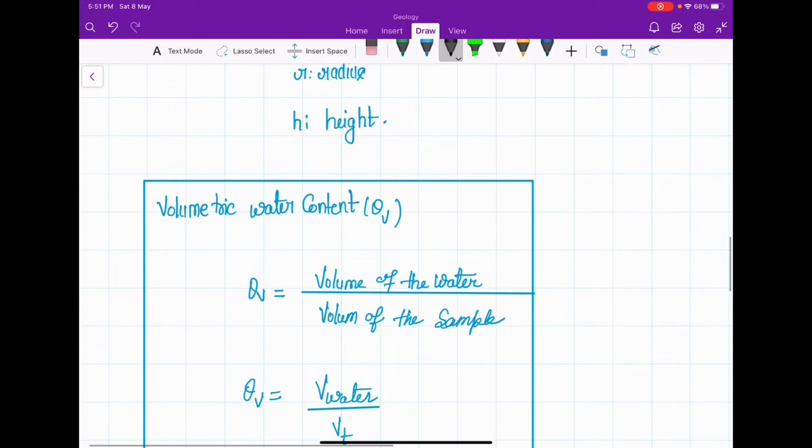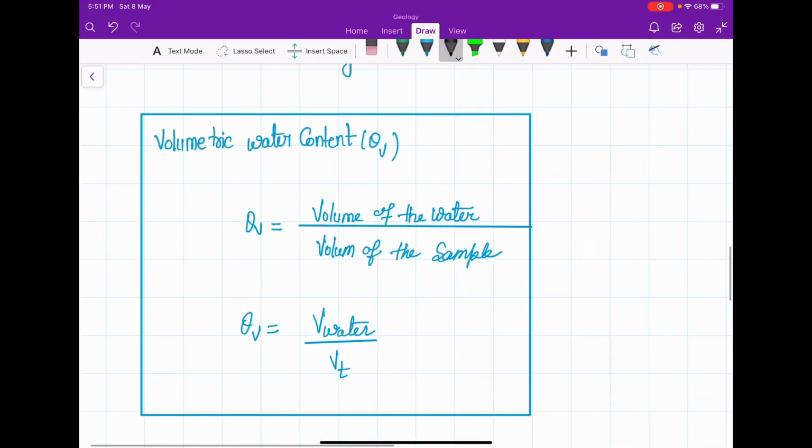Next is volumetric water content. The volumetric water content is defined as the volume of water divided by the volume of the sample. If we collect a sample, it is the ratio of the amount of water to the amount of sample, where amount means volume.